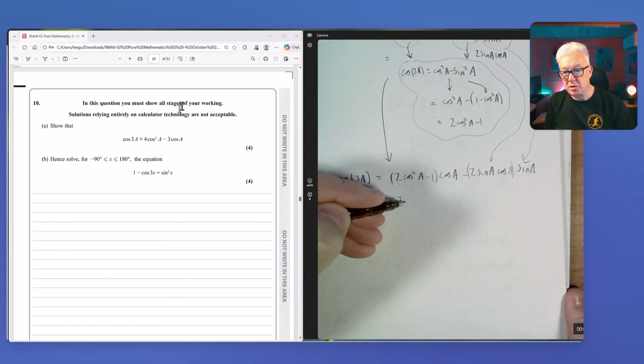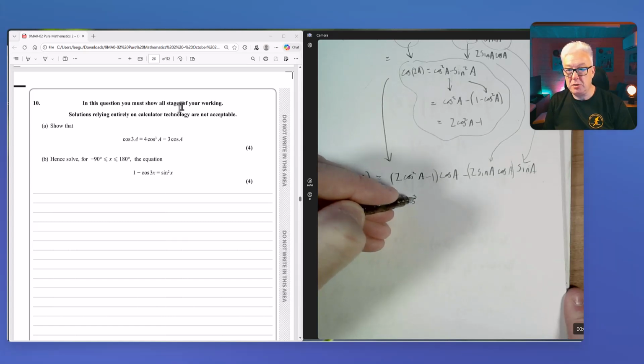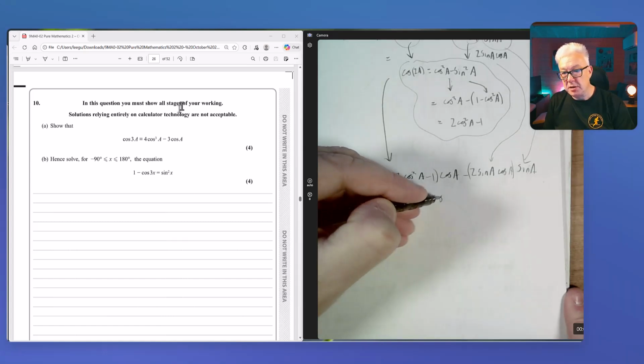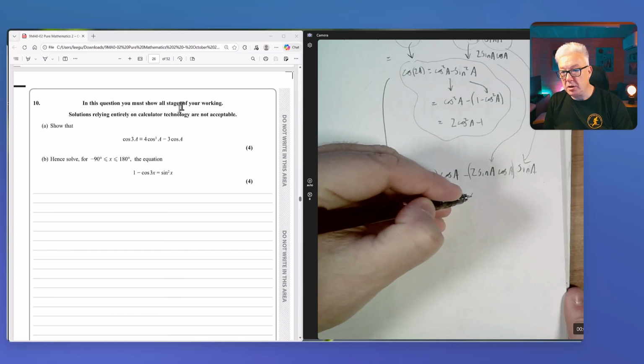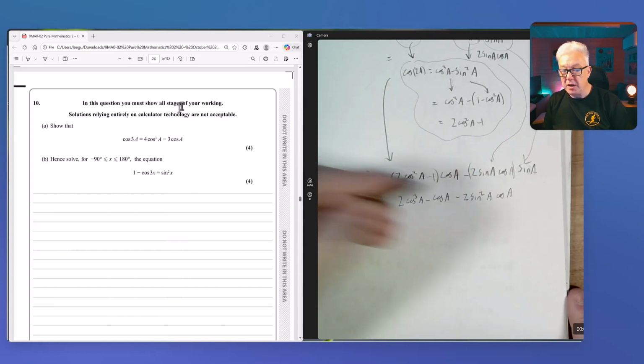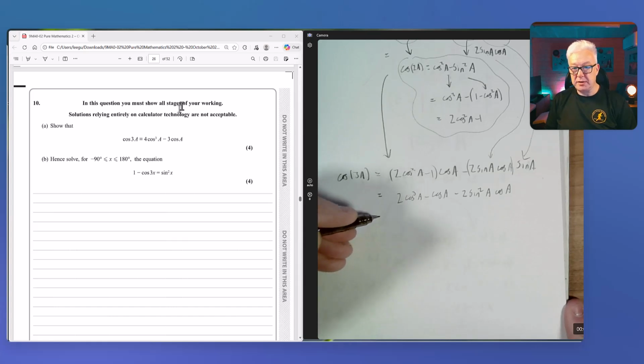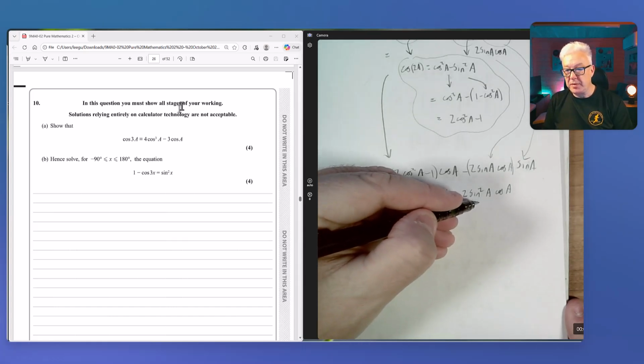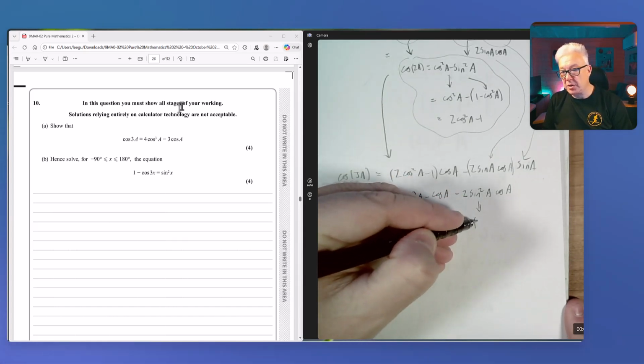So that's going to give us 2cos³A minus cos A minus 2 lots of sin²A cos A. Now, we've got to get rid of all the sines, so the last thing we need to do is replace sin²A with 1 minus cos²A.